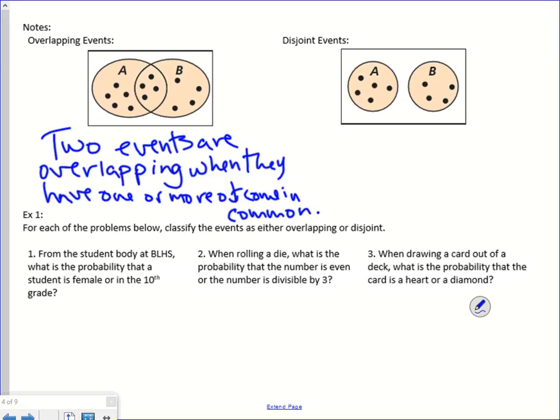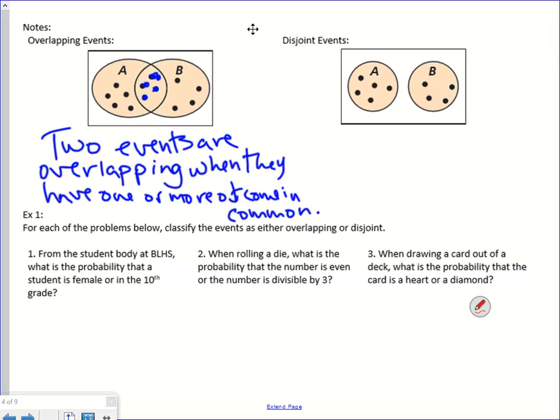So in this case, our event A has all these possibilities, all these dots in circle A. Our event B has all these possibilities that are in circle B. And these four are in both. So they are what makes it an overlapping event, because both of those outcomes will fulfill either event A or event B.